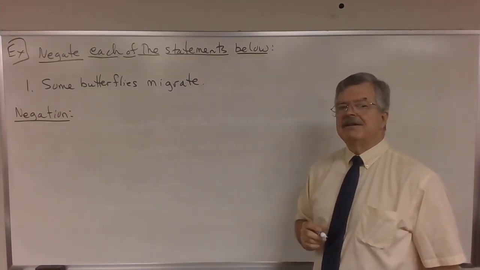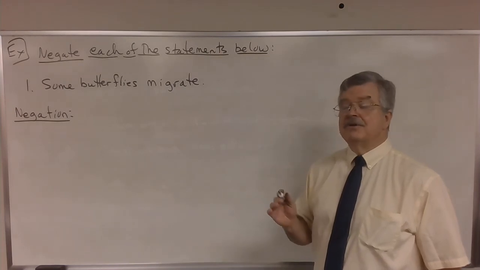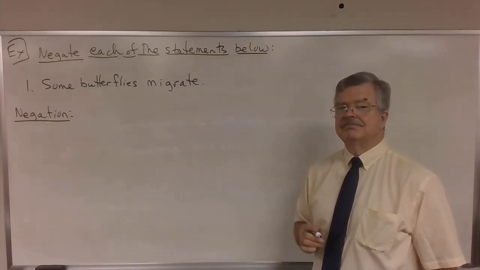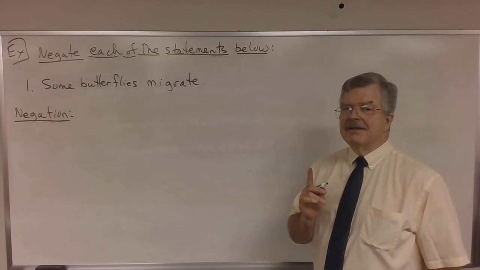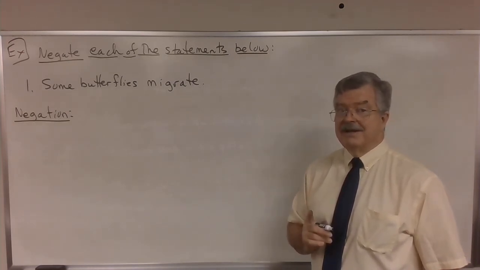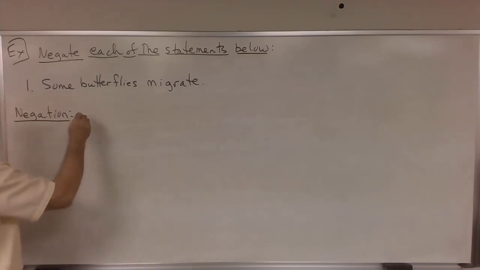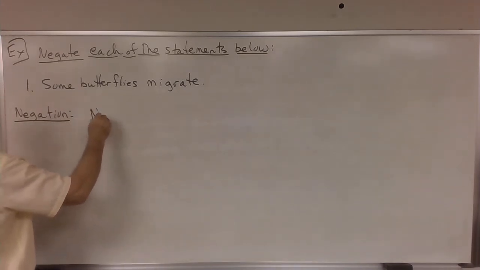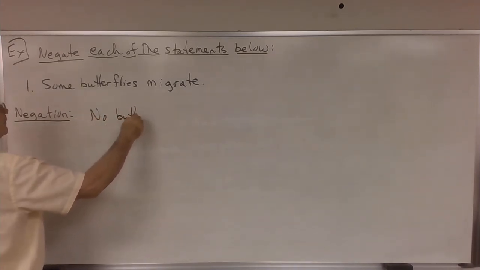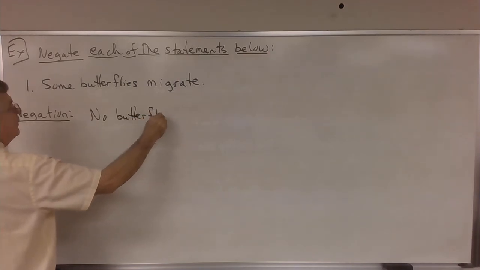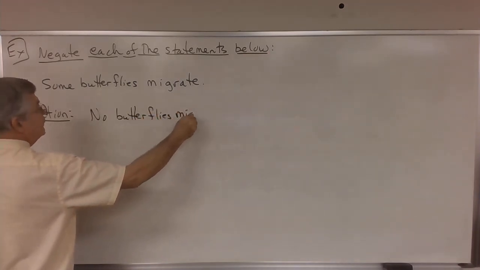How do we negate some are or some do? None do, right? Okay. The negation is none do, or no butterflies migrate.